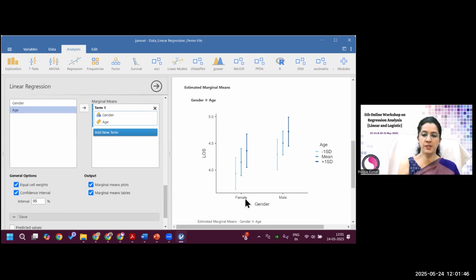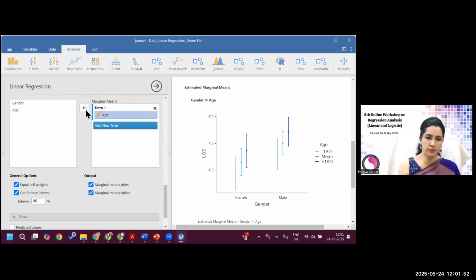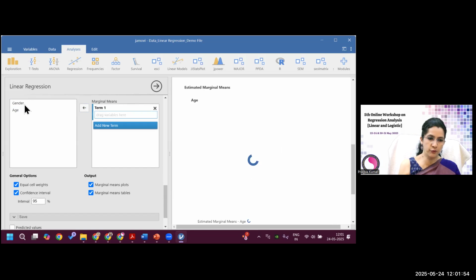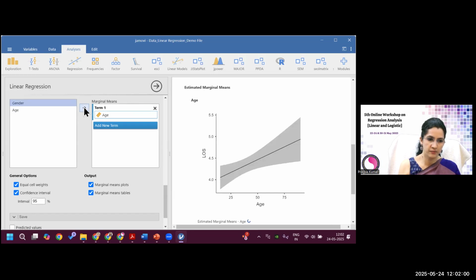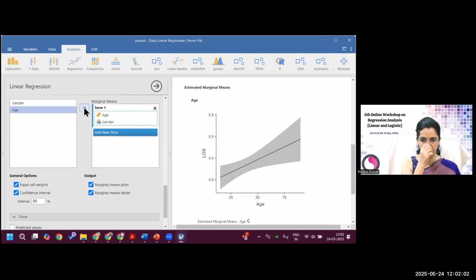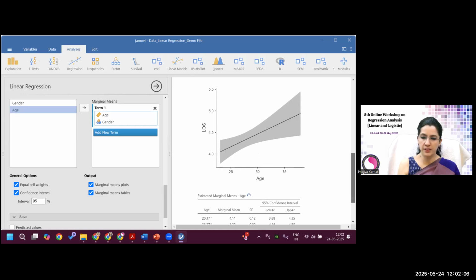But again, if you want a separate one for age, then I will move this first. I have to enter the age. So if you enter age first and gender later, then the look of the graph will change.